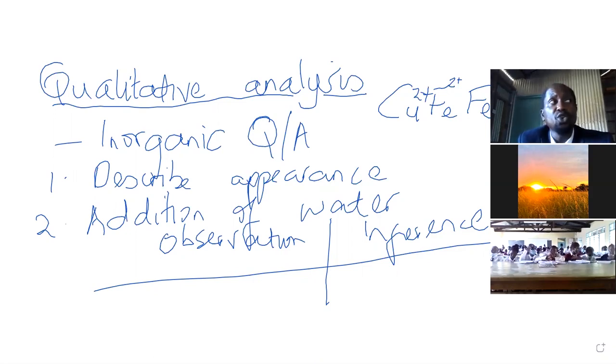Do not say the solid is polar at this point, because when you say a solid is polar, you are implying it is a molecular substance. So you use the word polar under organic chemistry. And even the question could have started by, you are provided with an organic substance. But under inorganic, we don't use the word polar. We simply say is soluble in water. It earns you a mark at the inference.